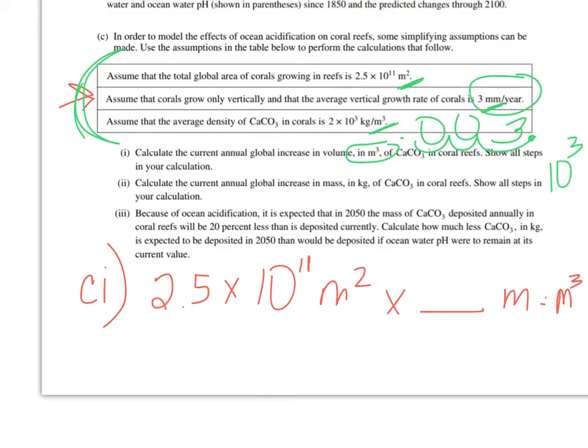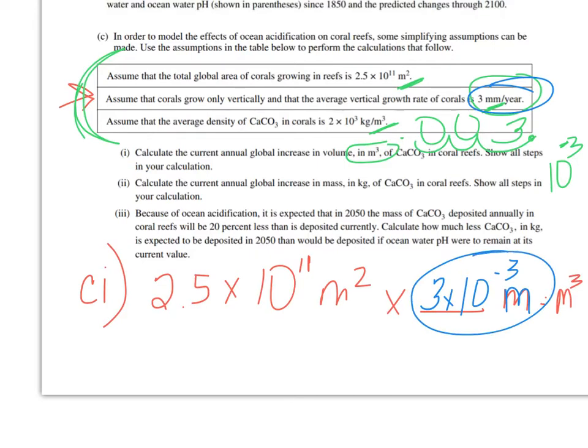So 3 millimeters is equivalent to 3 times 10 to the negative 3 meters. So this is equivalent to this. So go back and memorize your metric table if you're having trouble remembering those conversions.